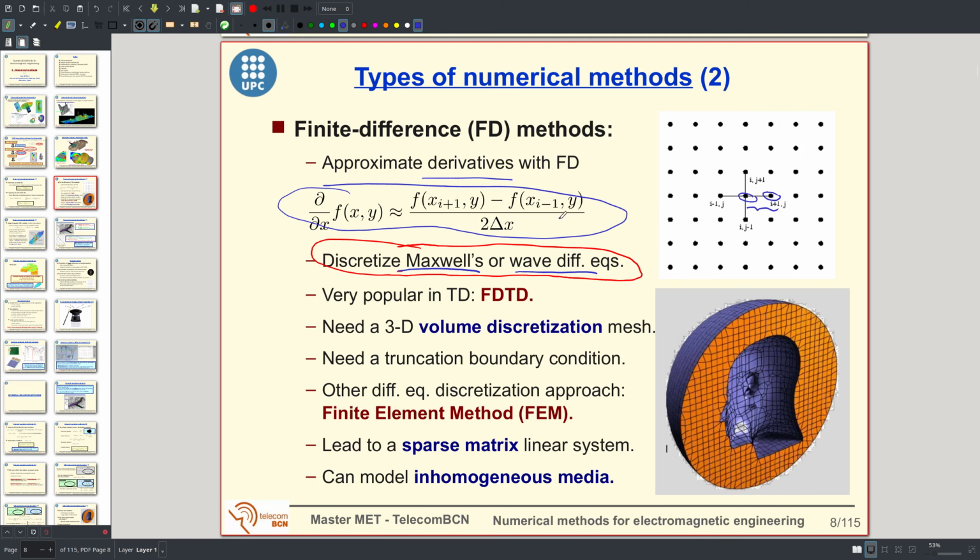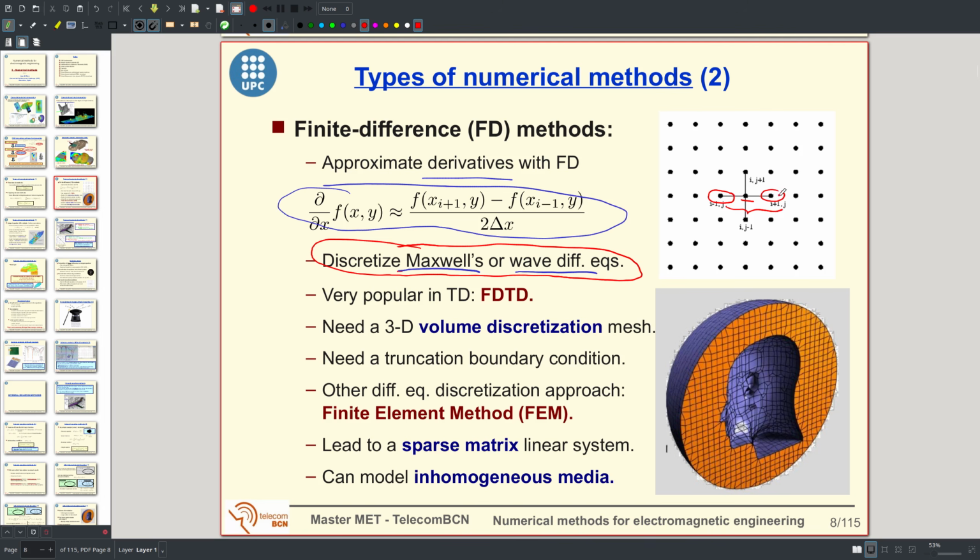If we use central differences, for example if we compute the derivative here, we must subtract one sample at the right minus one sample at the left, and divide by the separation between these samples.